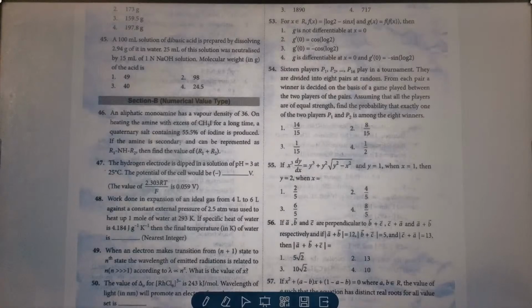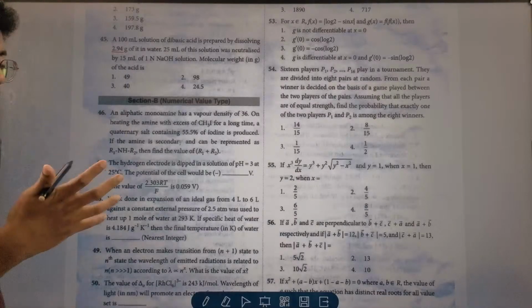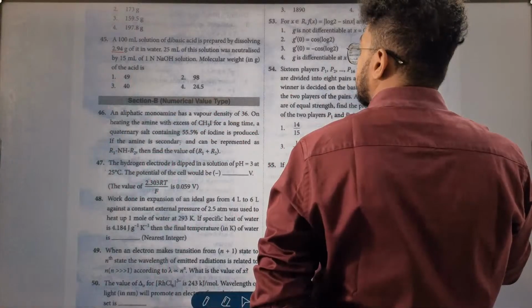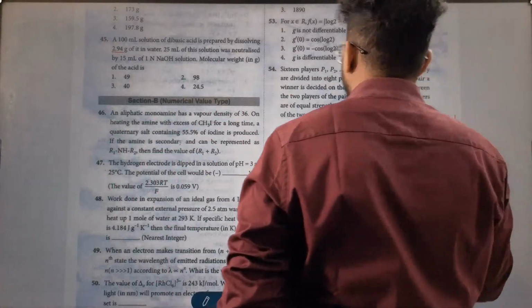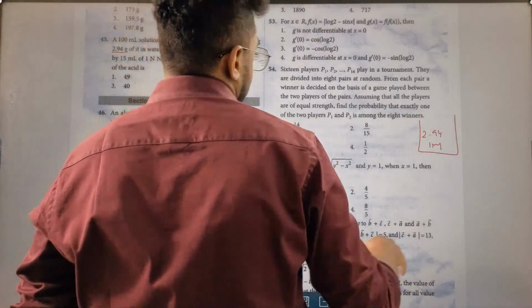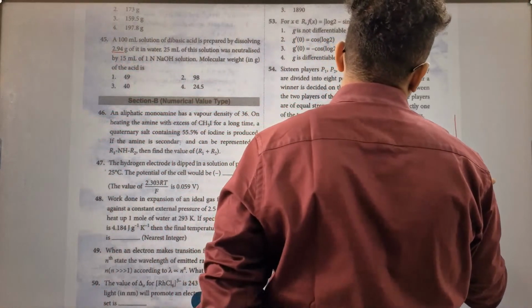Find the molecular weight of the acid. So we have a dibasic acid, which is prepared by dissolving 2.94 gram in water to make 100 ml of solution.